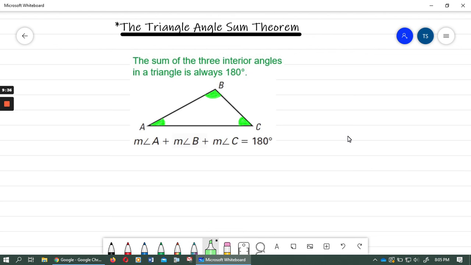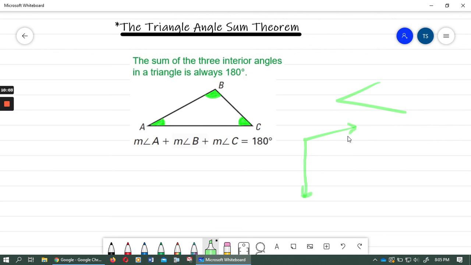Now, folks, don't get this 180 degrees twisted or mixed up with supplementary angles. We're not talking about two angles that add to 180 degrees, and we're not talking about angles like that.